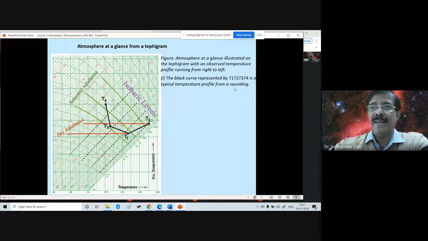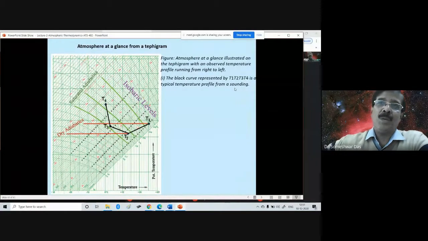Those sensors which measure the vertical profiles of the atmosphere from above, because satellites are above the atmosphere, are called sounders. We are looking at the atmosphere from the top through a satellite, so they are called vertical sounders.